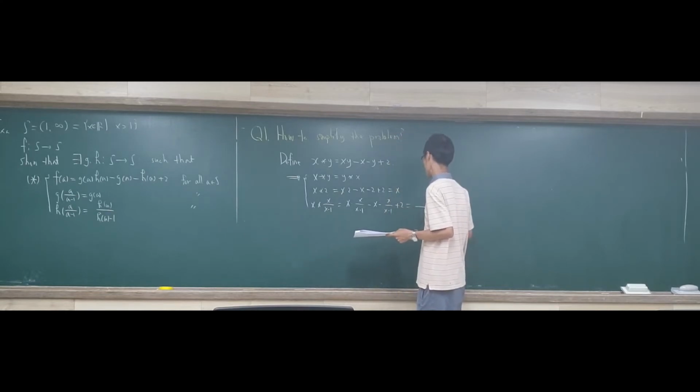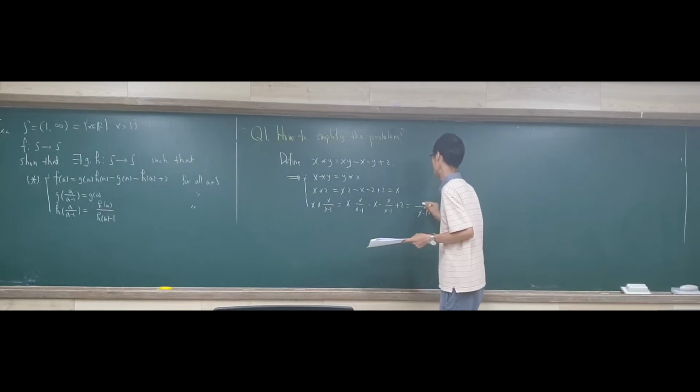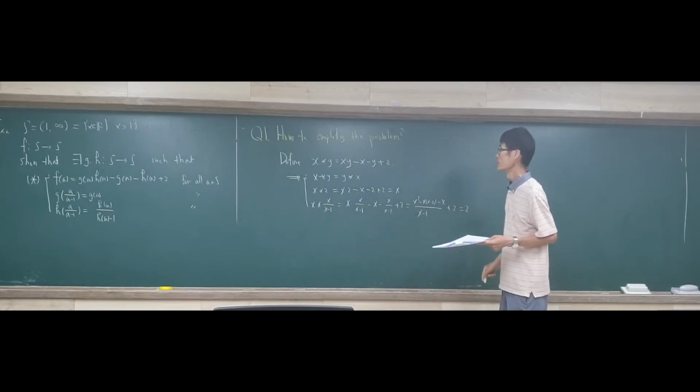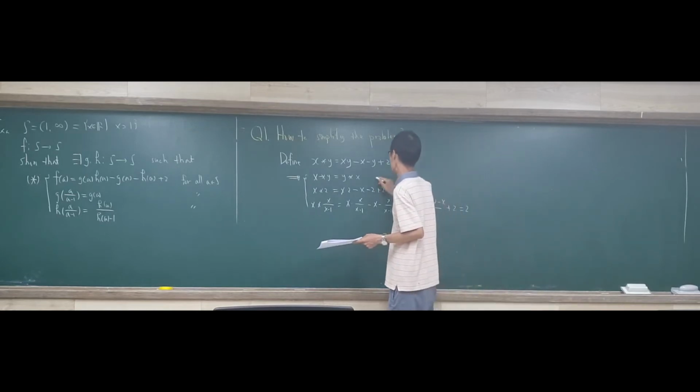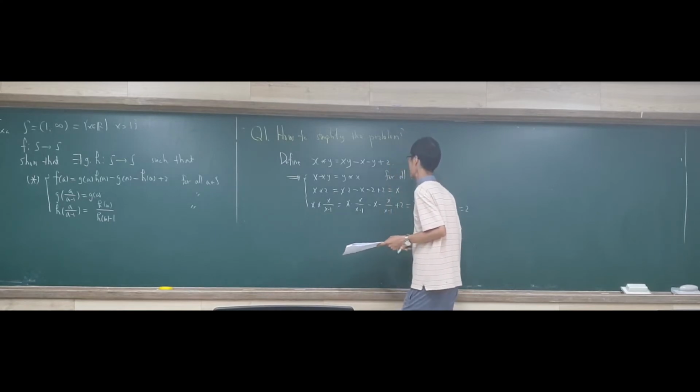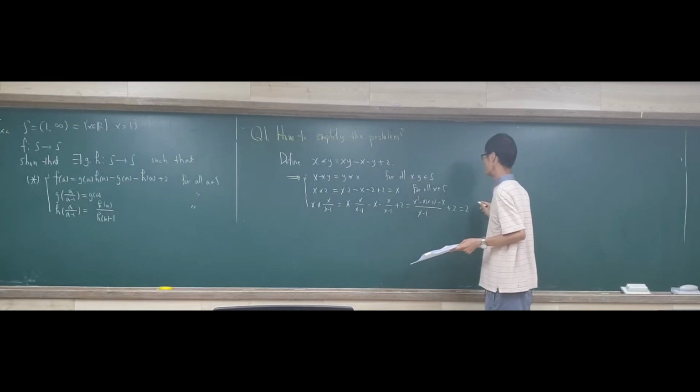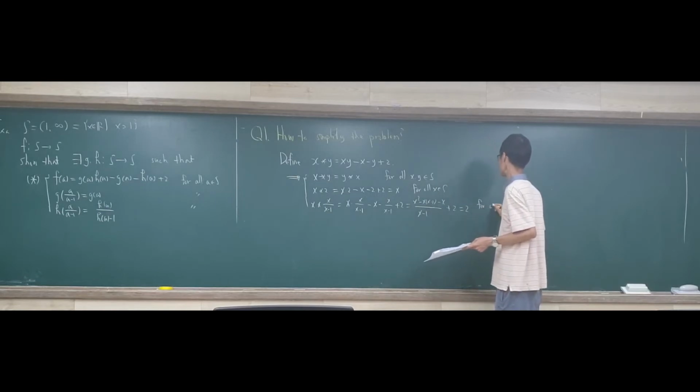So we can calculate it in this way: x squared minus x minus 1 minus x plus 2, and this becomes 2. So this equation holds for x, y in S, and this holds for x in S. This way also holds for x in S.